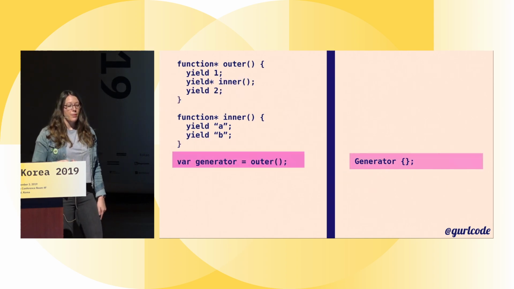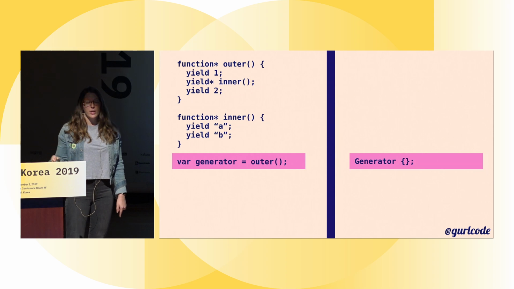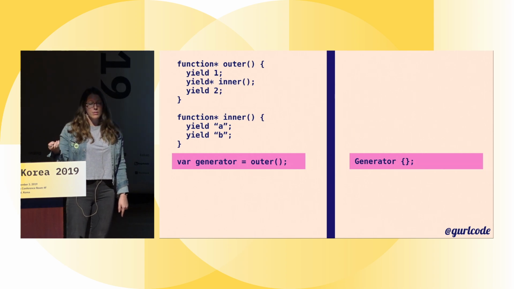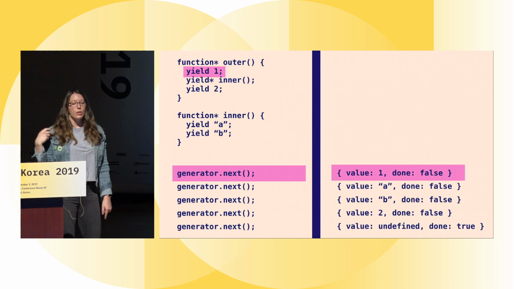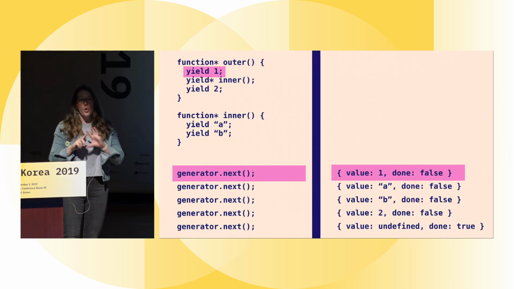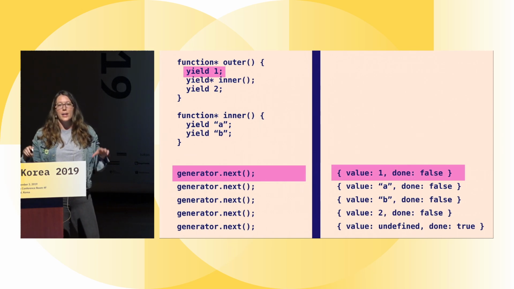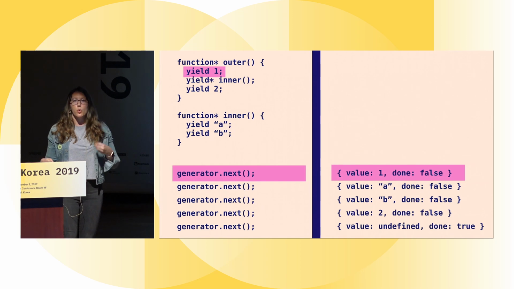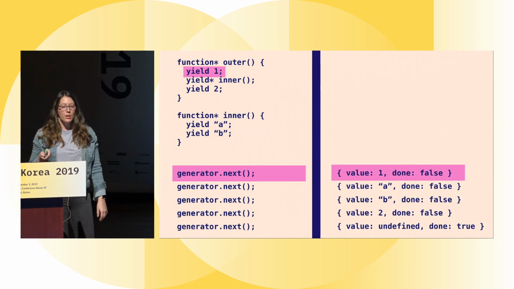So, same as before, I'm going to call the generator to get the generator object. Then I'm going to call .next on that generator. And the first time, this totally makes sense. What we expect to happen happens. We're yielding 1, so we're getting back the value 1, and of course, we're not done yet.